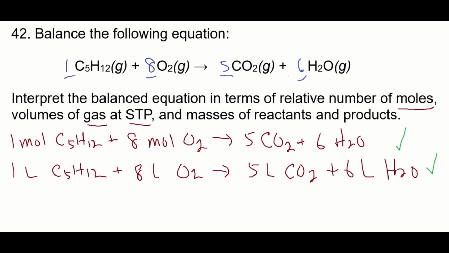That's good too. And of course, I just arbitrarily picked liters. You could have picked gallons, milliliters, or 22.4 liters, and they're all related in terms of volume if they're gases.